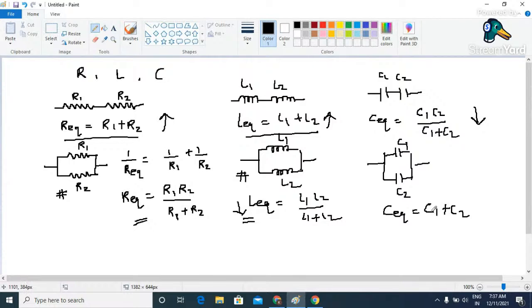Whereas the case is exactly the opposite for capacitance. That means if two or more capacitors are connected in parallel configuration, the effective capacitance is going to increase because it is simply the addition of individual capacitances. So this is very important, and you have to remember this while solving numericals on circuit theory.